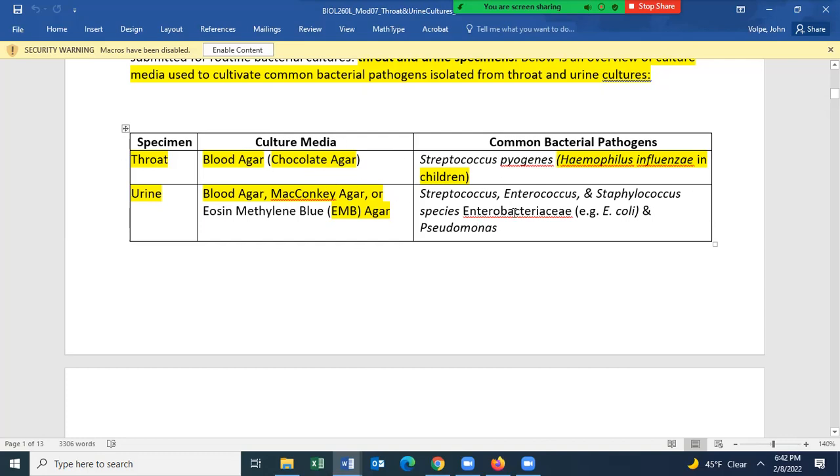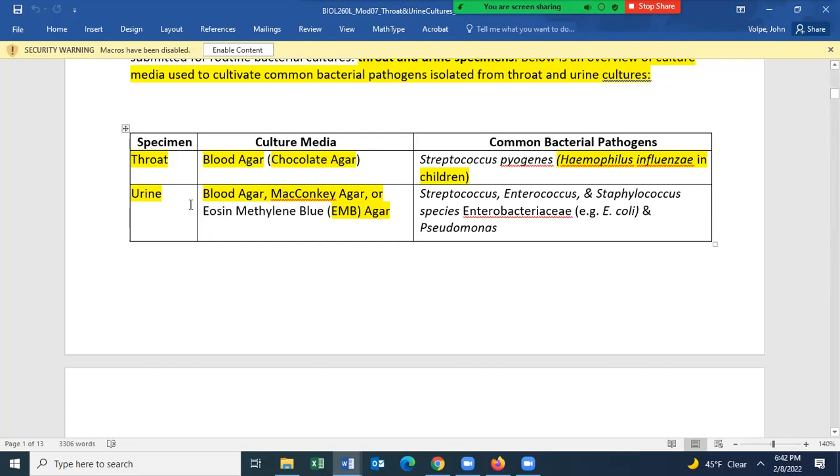Haemophilus influenzae is a human pathogen which is commonly seen in children, particularly infants and young children. It does not grow on blood agar. You grow that on chocolate agar.